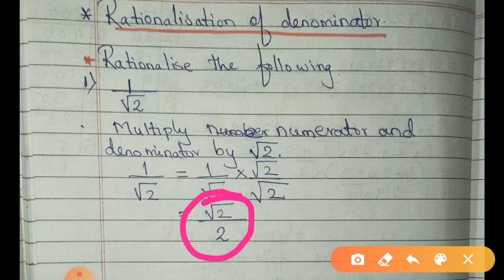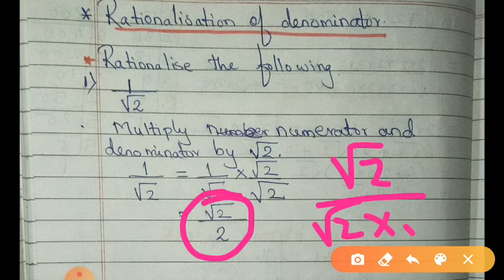Suppose if I want to simplify this to get my 1 by root 2, just check. Now root 2 divided by 2, can I write it as root 2 by root 2 into root 2? Root 2 will get cancelled and I'll get the answer as 1 by root 2. Whether that and this is the same. So both are the same, they are equivalent fractions.